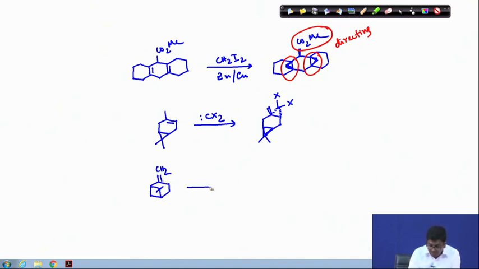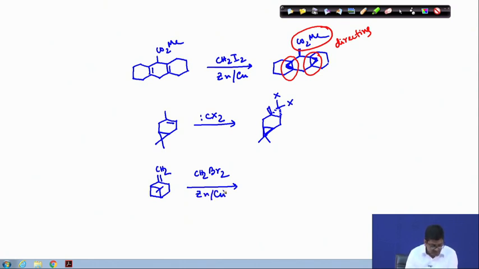Now, a little bit modified Simmons-Smith reaction, where they have not used the methylene iodide, rather they have used the methylene bromide as the corresponding reagent in presence of zinc copper couple.